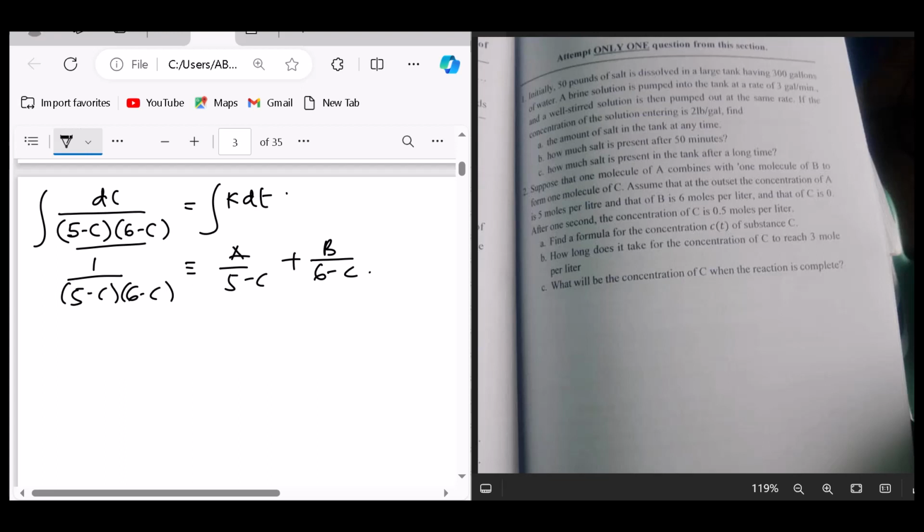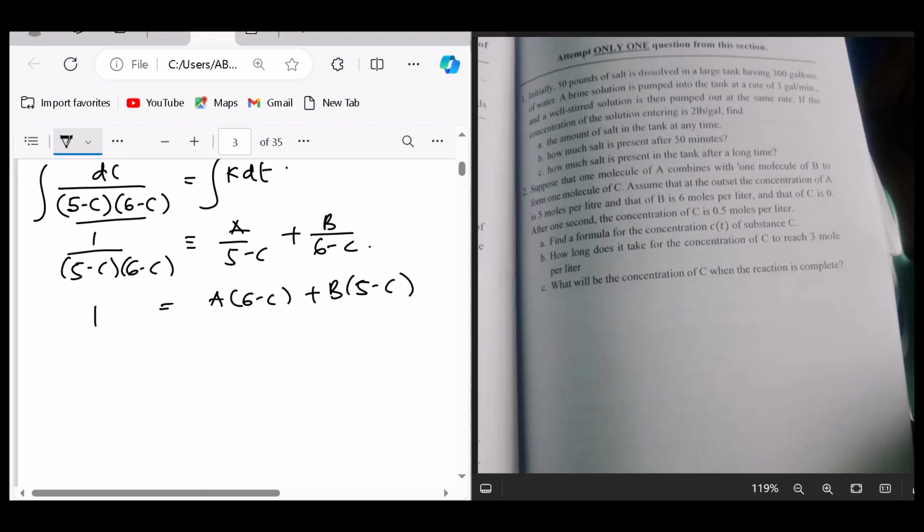Doing this, we have 1 equals A(6 minus C) plus B(5 minus C), and so 1 equals 6A minus AC plus 5B minus BC.